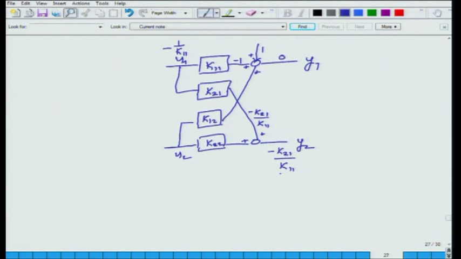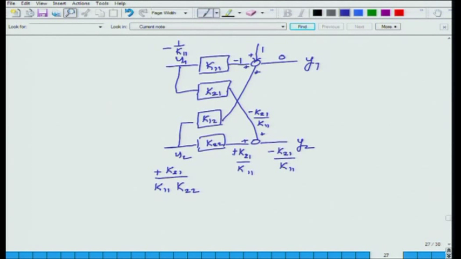Now y1 is at set point, but y2 has deviated. What should I do to u2 in order to bring y2 to set point? Well, if I change u2 to minus k21 by k11 k22, then this signal after multiplication by k22 will become minus k21 by k11, plus.